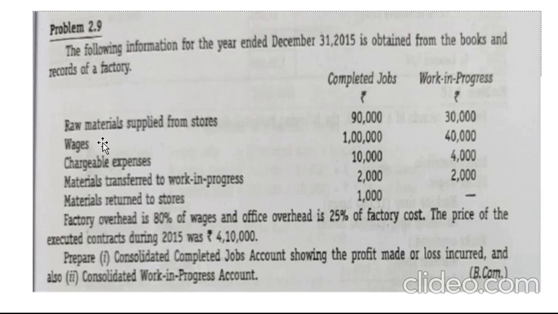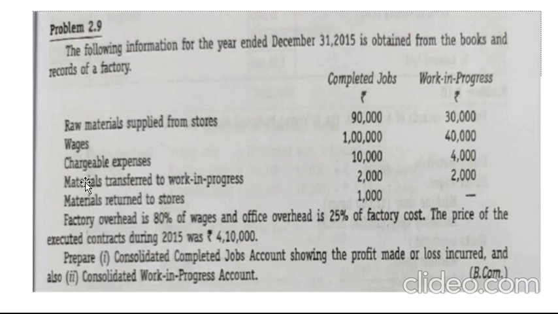So let us get into the question now. Raw materials supplied from stores is 90,000. After this we have other expenses. When you look into the fourth line, you have materials transferred to work in progress, which is 2,000, and materials returned to stores 1,000.